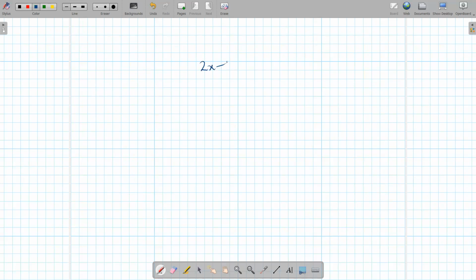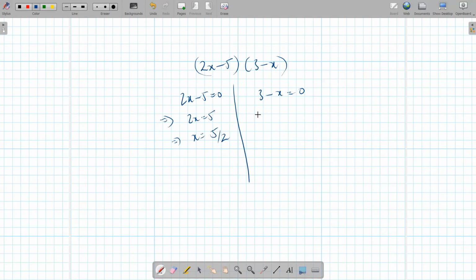Look at this. 2x minus 5 over 3 minus x. Are these things x-intercepts or zeros? Same thing. So for this one, you may want to individually set them equal to 0. How do we solve this equation for x? Add 5. Yeah, and then? Divide by 2. Right, so x is equals to 5 over 2. What about the next one?